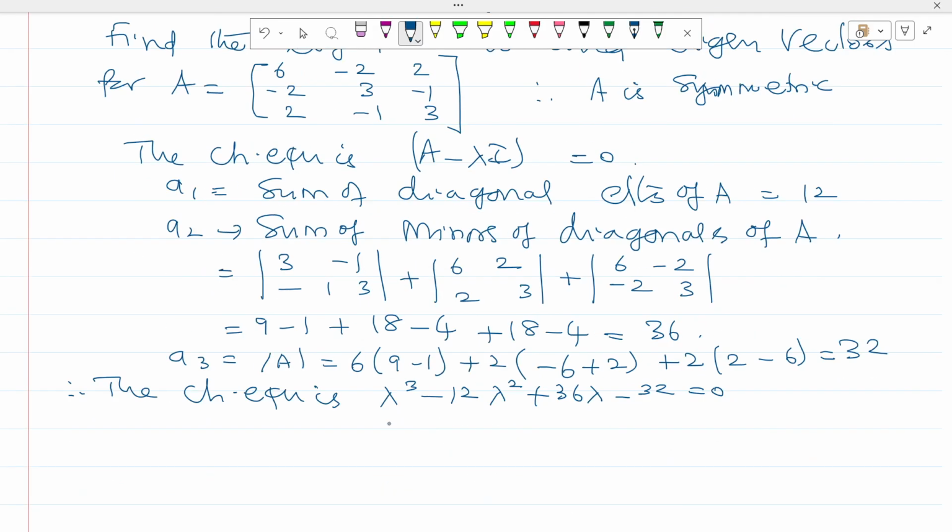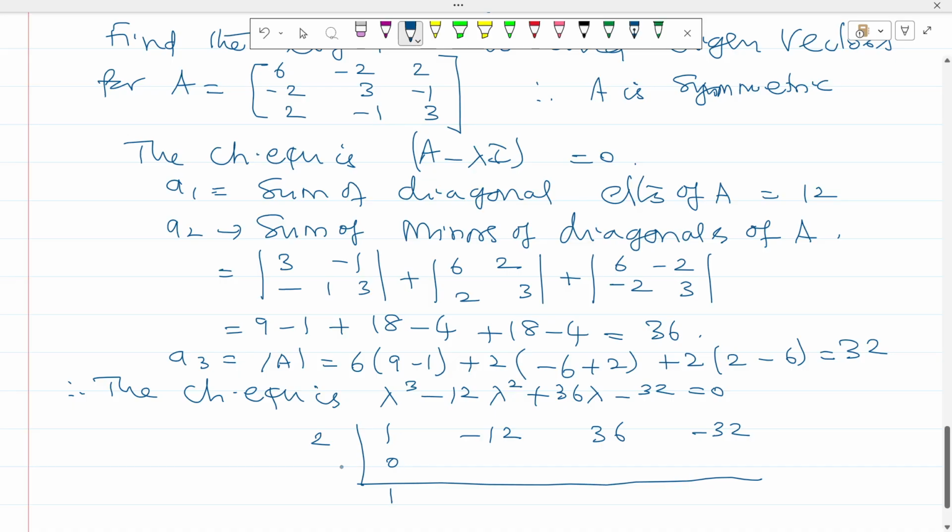See here, 1, minus 12, 36, minus 32. You can use the calculator to find the roots if you find it difficult by using the synthetic division method. Okay, fine. So here it is A, B, C, D, but the total is not 0. Even if you take the alternate elements, that is also not equal. So therefore we can try directly.